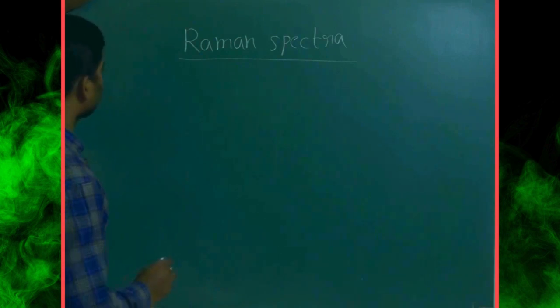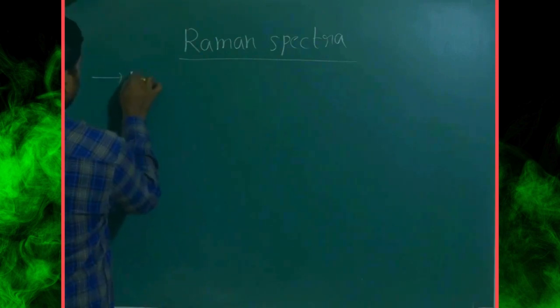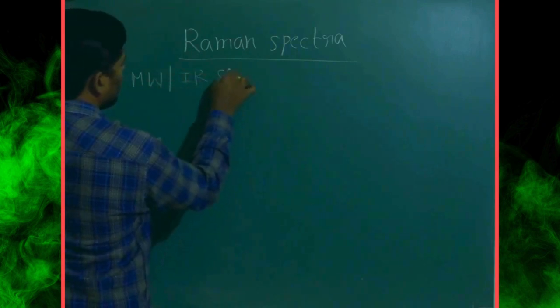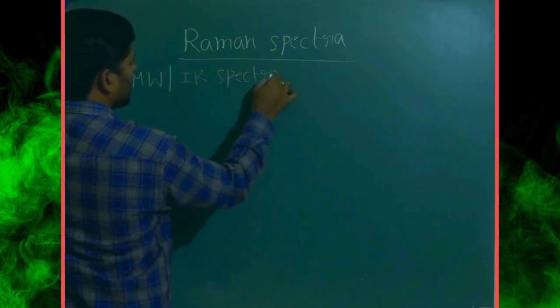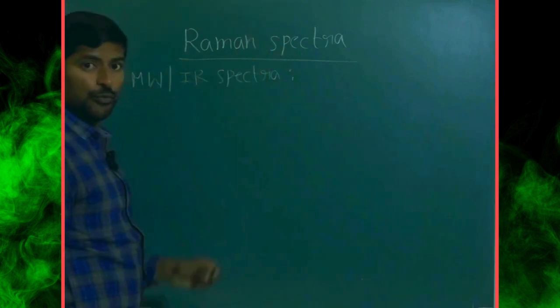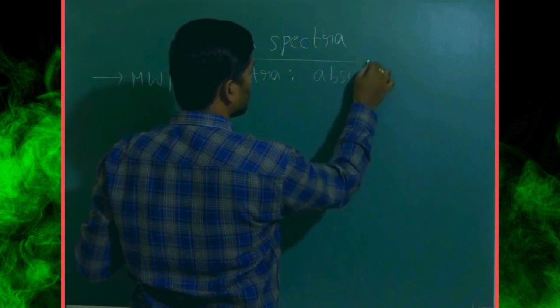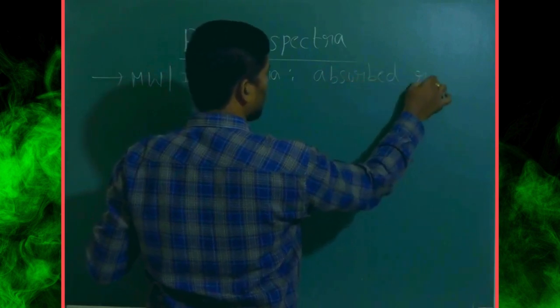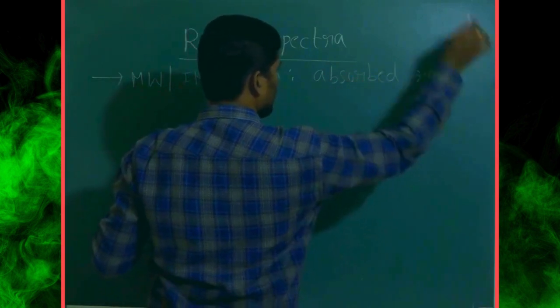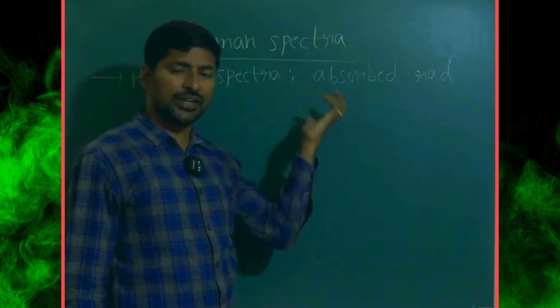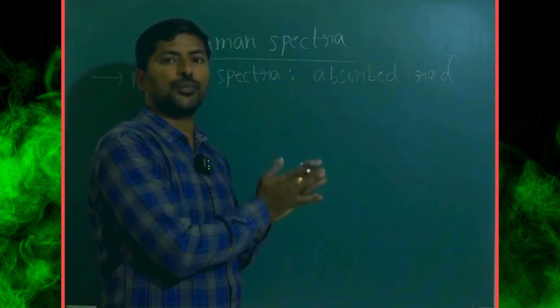Raman spectra. If you see microwave spectra or IR spectra, we recorded the spectrum for which radiation? We recorded the spectrum for absorbed radiation. During rotational transitions or vibrational transitions, how much energy is absorbed?